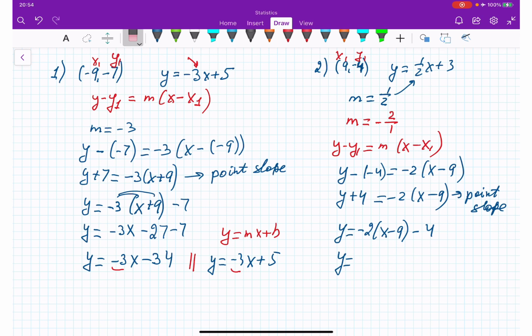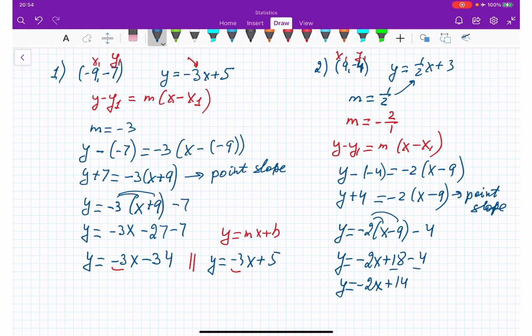Nothing holds back from opening. So negative 2x and plus 18. Negative 2x plus 18 minus 4. We get y equals negative 2x plus 14, right?